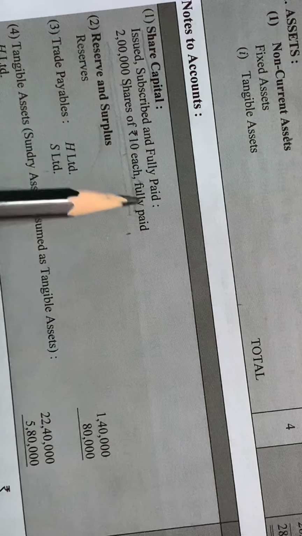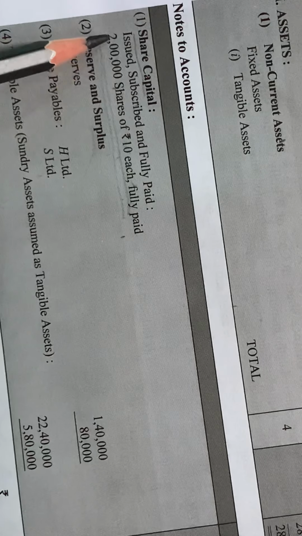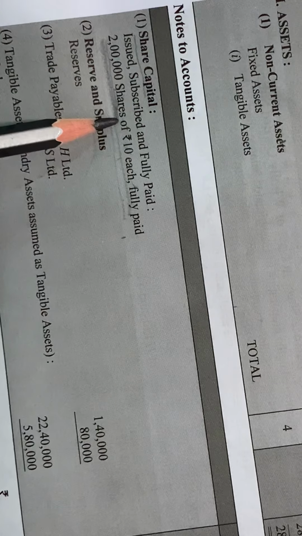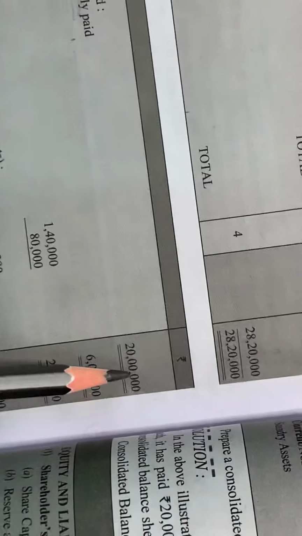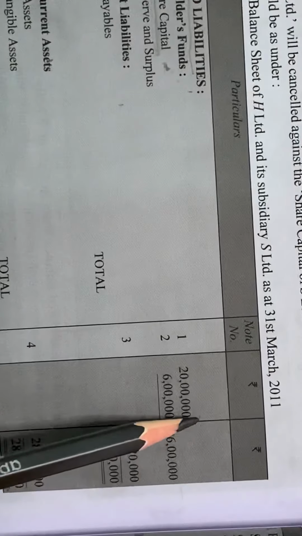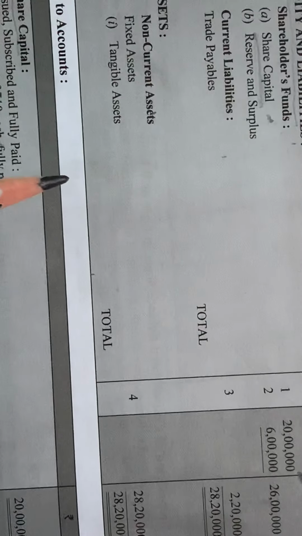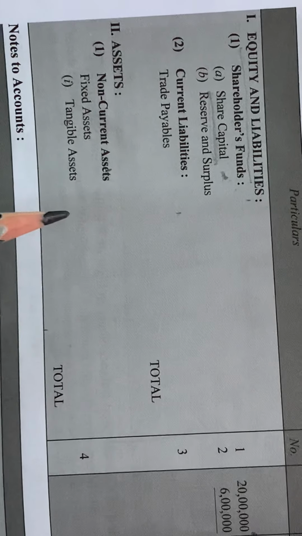You will just reflect the capital of the holding, so only holding shares are taken into consideration, to the extent of 2 lakh shares of 10 each fully paid, and the amount is 20 lakhs. So 20 lakhs will get reflected over here. 5 lakhs of equity shares of the subsidiary is not included.